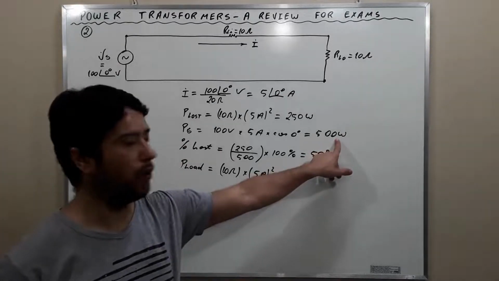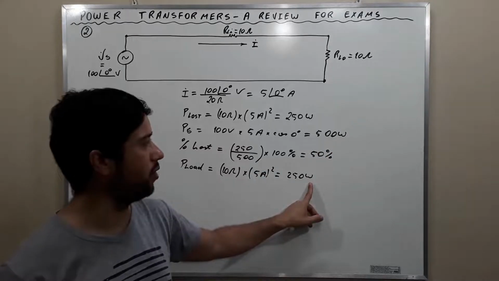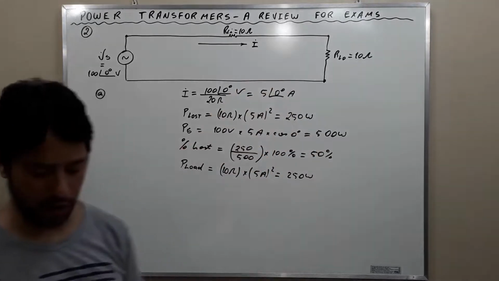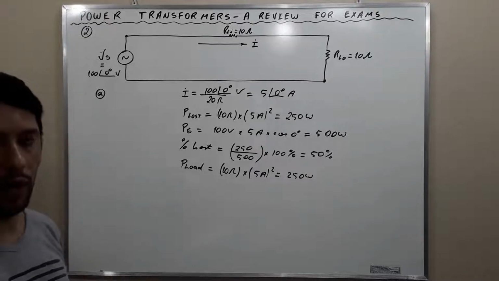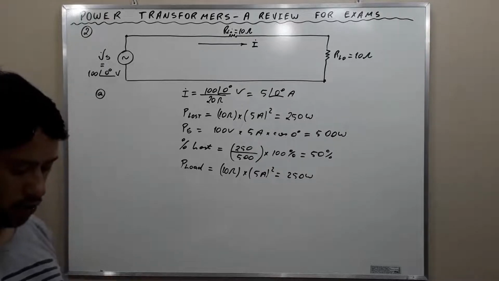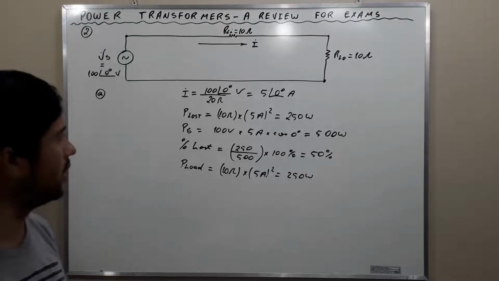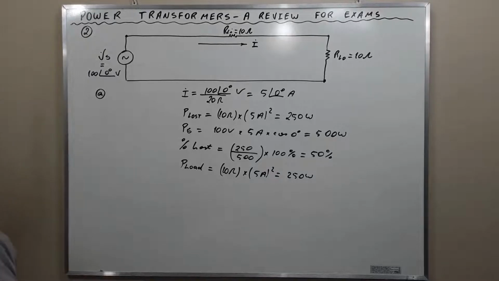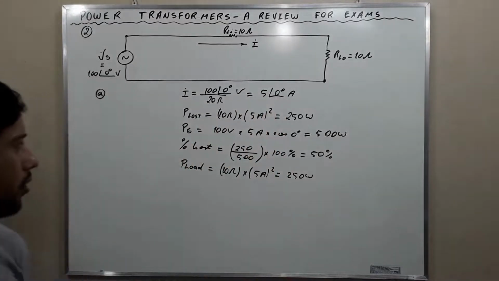Of the generated power, only half of it is being delivered to the load. The other half is being lost in transmission, okay? This is the result that we wanted to find to assess the importance of transformers for power systems. Now we're going to do the same using two identical 10-to-1 power transformers. Let's put them in the circuit.